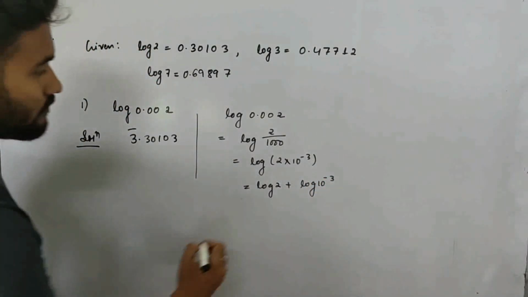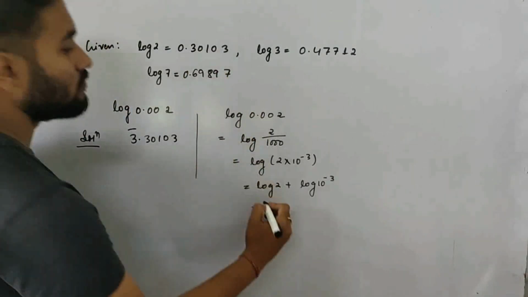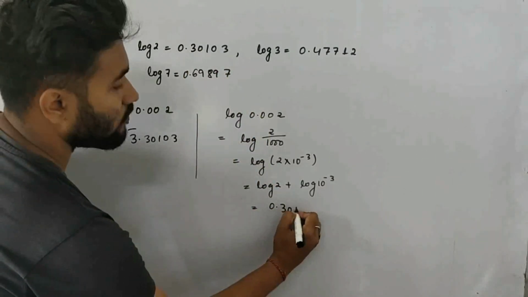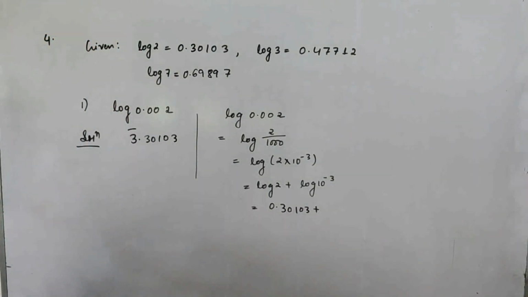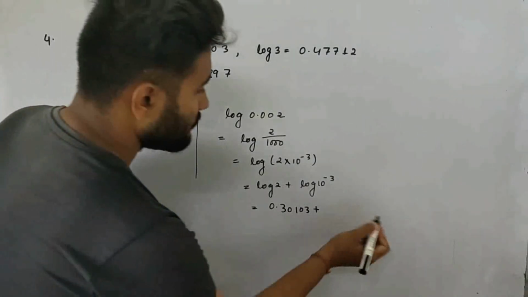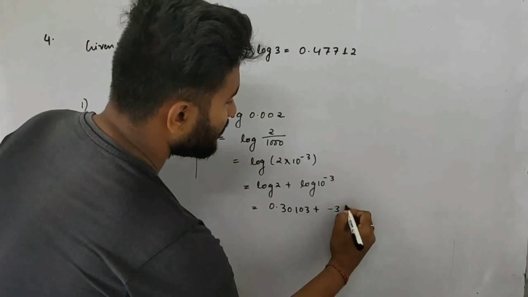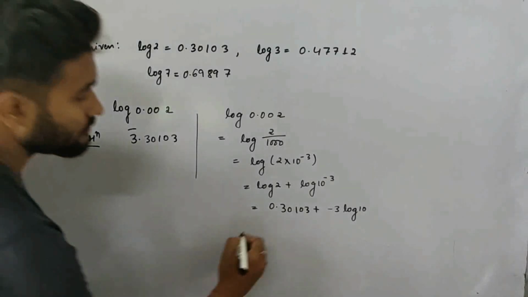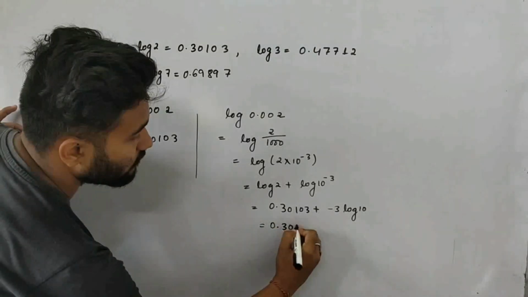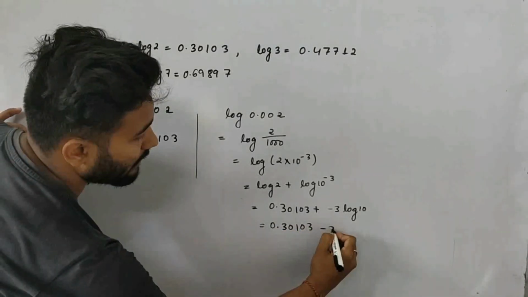So what is the value of log 2? 0.30103 plus minus 3 log 10. So this will become minus 3 only, isn't it? So 0.30103 and then minus 3.